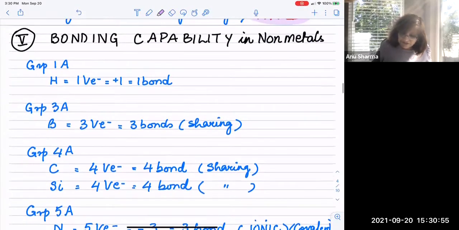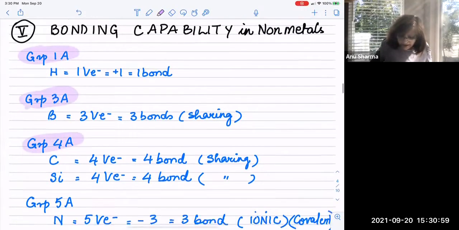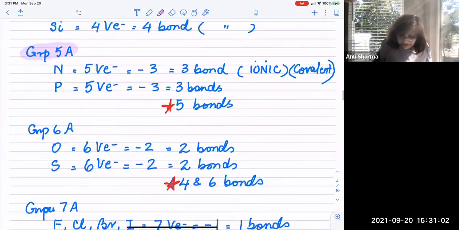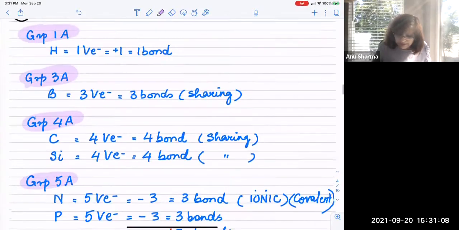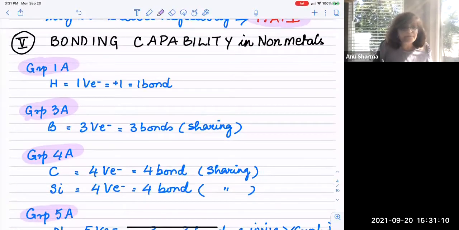So for example, let's look at it. Group 1A, Group 3A, Group 4A, Group 5A, Group 6A, Group 7A, and Group 8A all contain nonmetals. The nonmetal present in group 1A is just hydrogen.